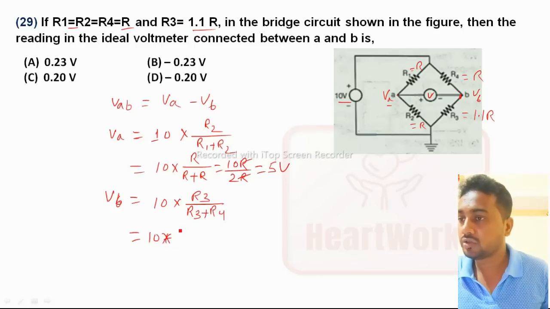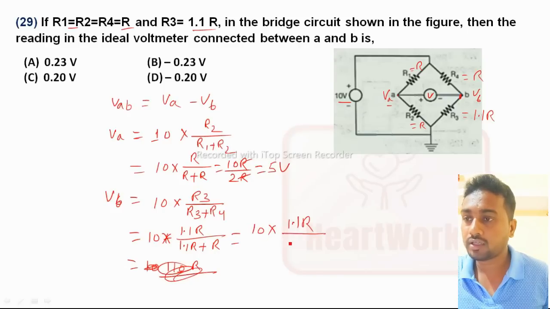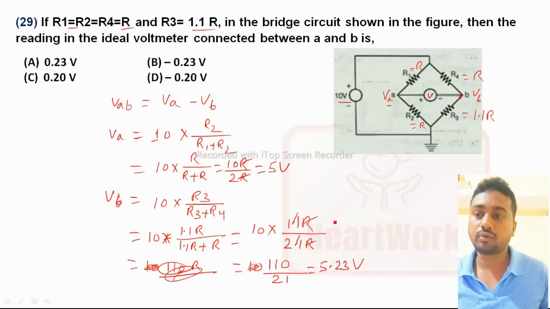R3 is 1.1 R, divided by 1.1 R plus R4, which is R. So this is 10 into 1.1 R divided by 1.1 R plus R, equal to 2.1 R. R and R cancel, so we can write 110 divided by 21. If we calculate, it will come to 5.23 volt.